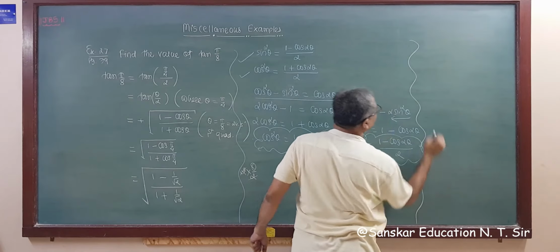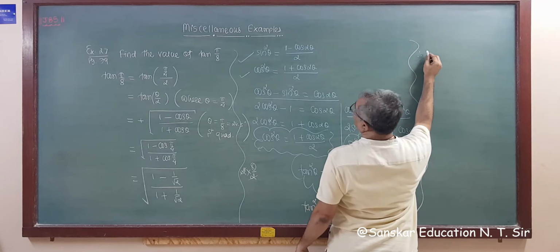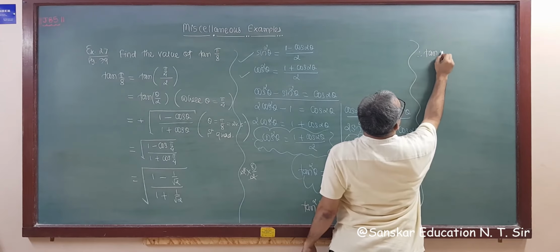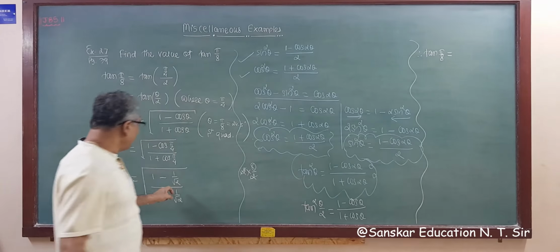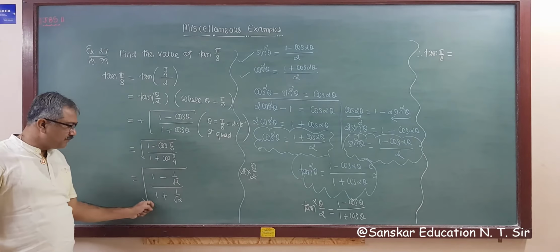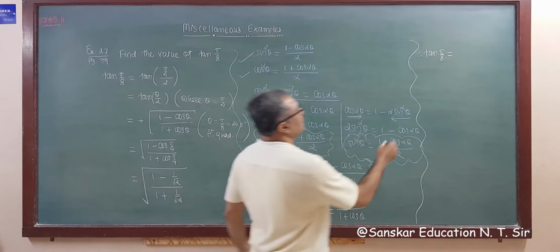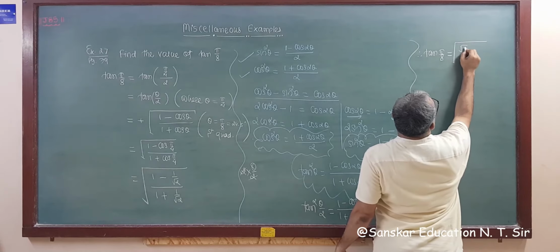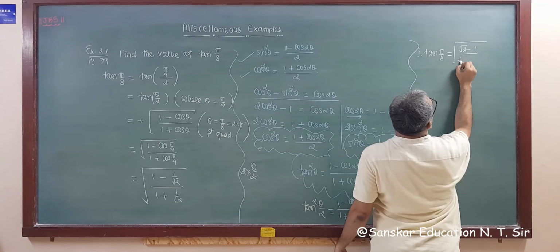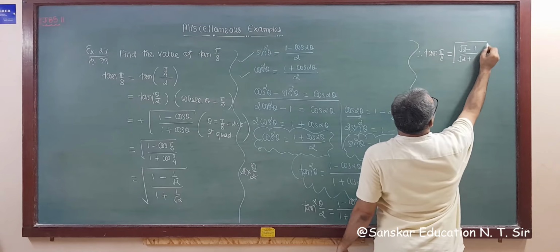So I am writing here. Therefore tan pi by 8 is equal to, so this is root 2 minus 1 and root 2 plus 1, so square root of root 2 minus 1 upon root 2 plus 1.